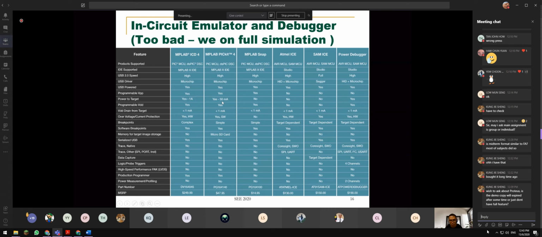Let's say that breakpoint is to light up an LED. You run until the breakpoint, and the LED is lit on the hardware itself. It means it's doing it in real time, so you have a real-time debugging capability. However, PICkit is a bit slow compared to the in-circuit debugger. Just a brief introduction.